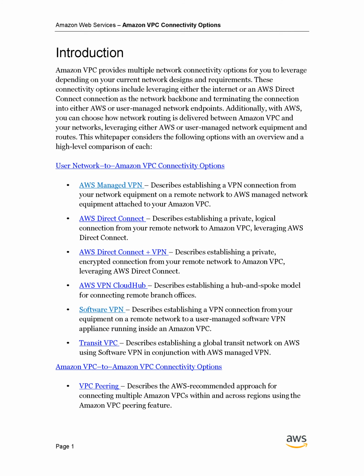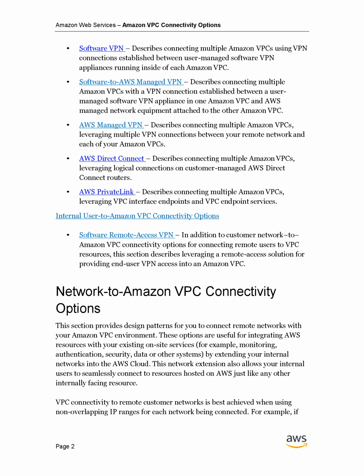VPC Peering describes the AWS recommended approach for connecting multiple Amazon VPCs within and across regions using the Amazon VPC Peering feature. Software VPN describes connecting multiple Amazon VPCs using VPN connections established between user-managed software VPN appliances running inside of each Amazon VPC.